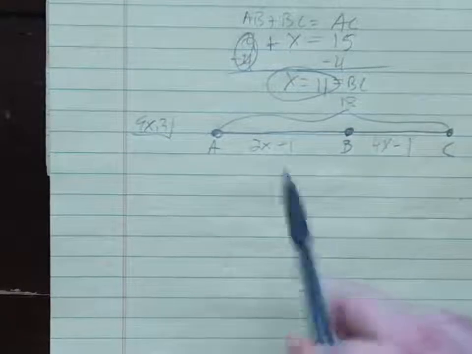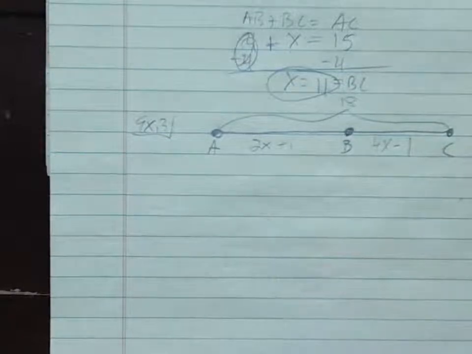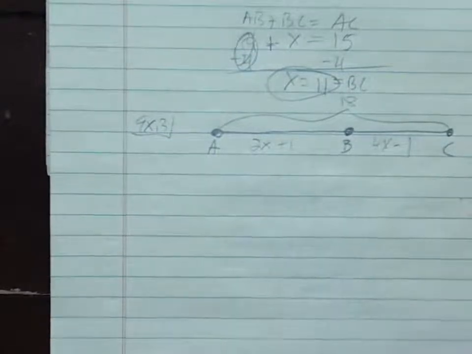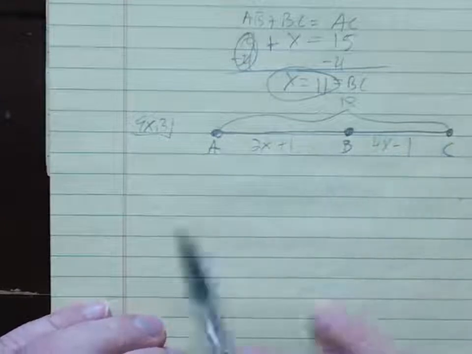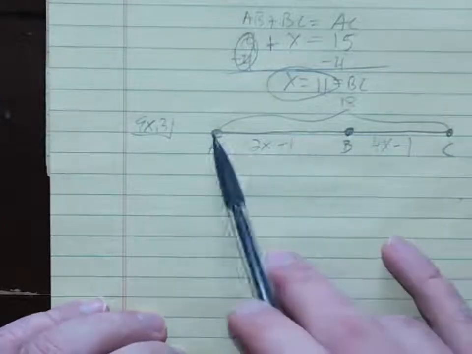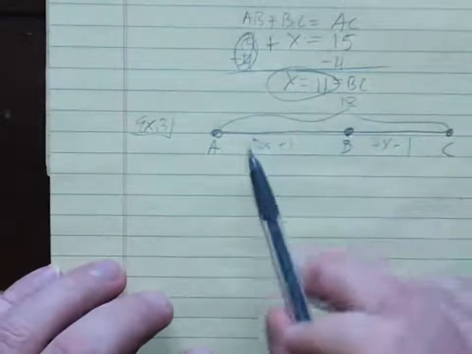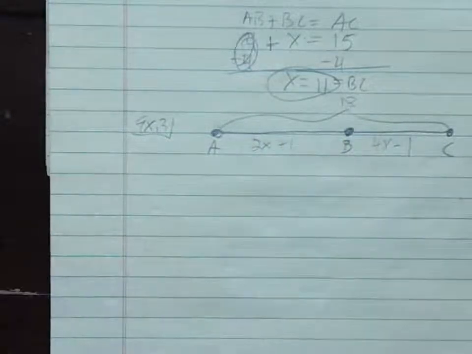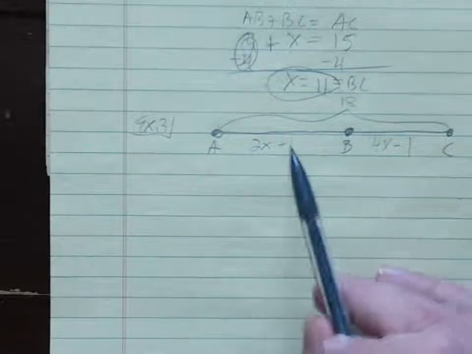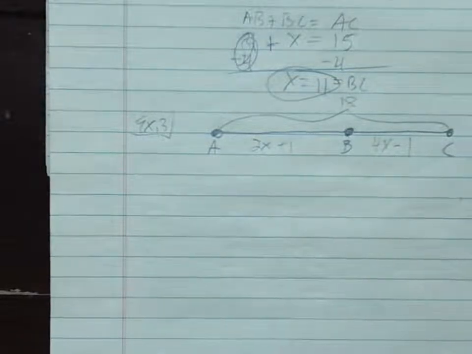You will be asked, what is the value of x? And what is the length of one of these segments? They may even ask you, what's the length of AB and what's the length of BC? And if this is some expression, they may ask you, what's the length of the whole thing? Maybe 4 questions. So it's not enough just to solve for x, then you have to plug it back in. Okay? I know, lots of fun.